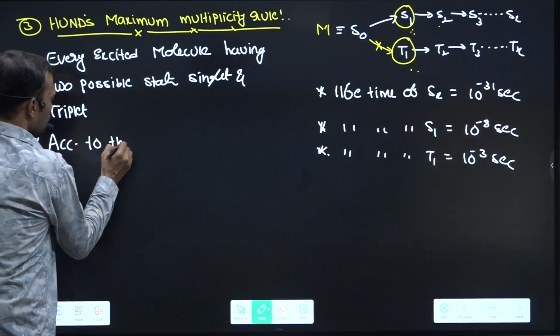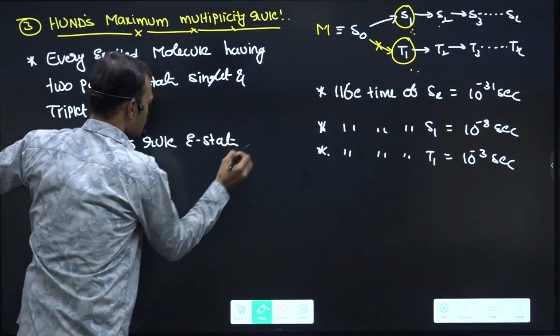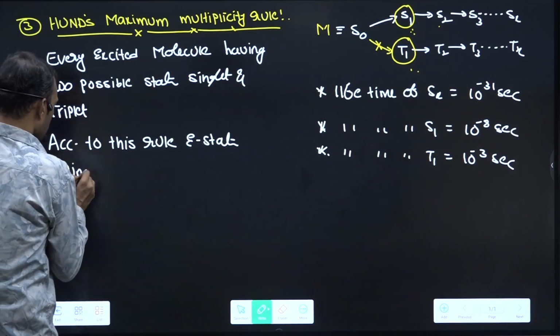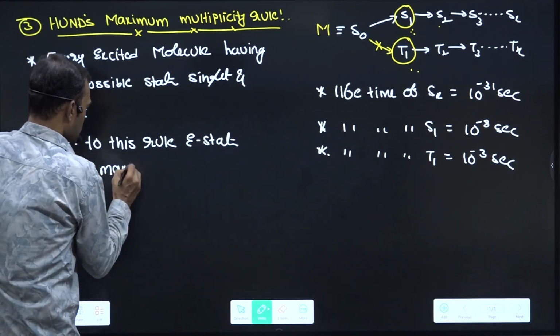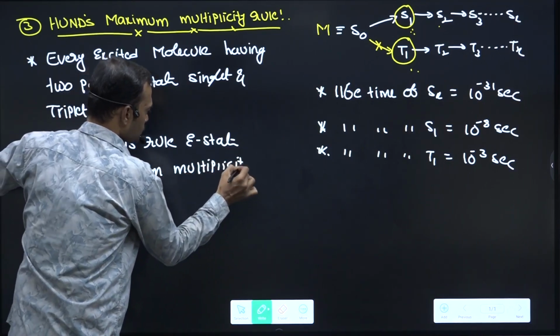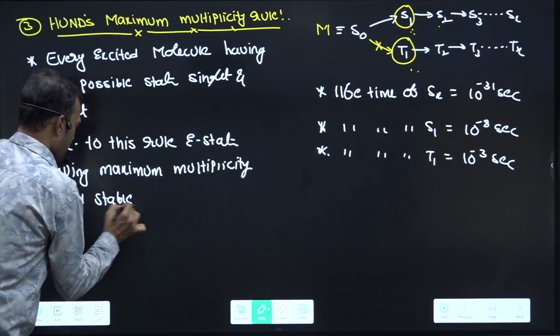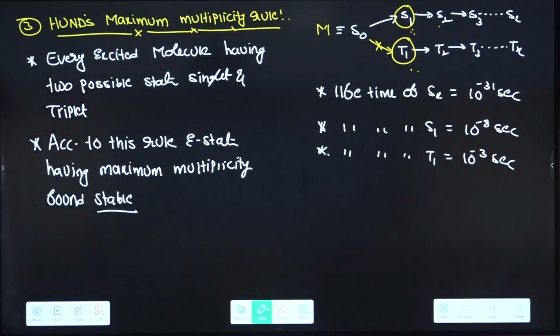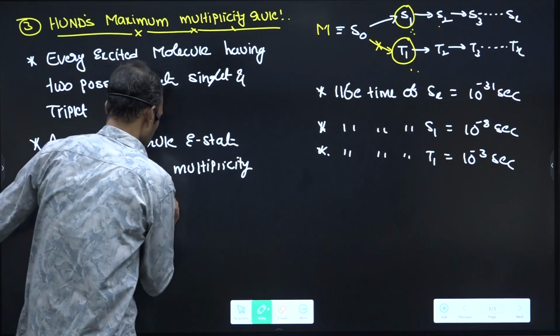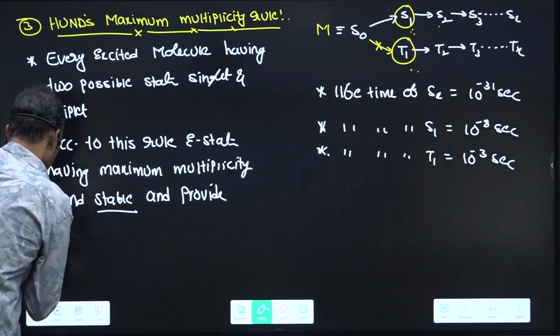So according to this rule, the excited state having maximum multiplicity is found to be stable and provides a high amount of yield.